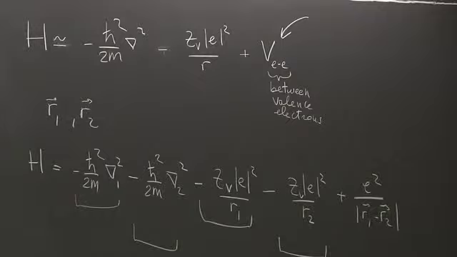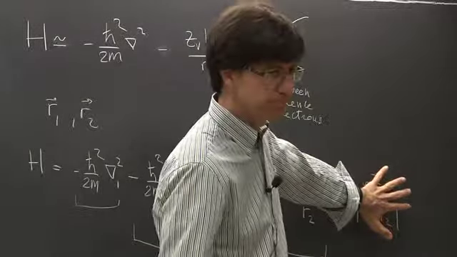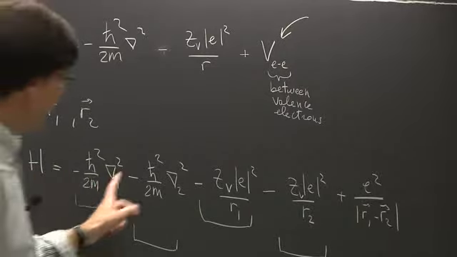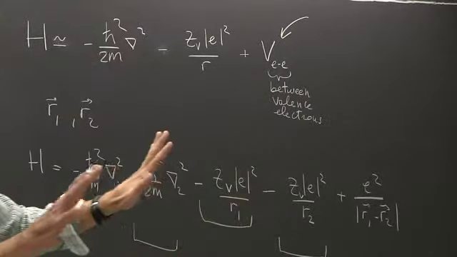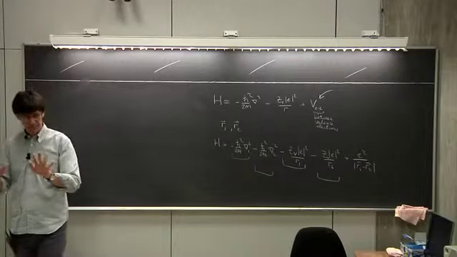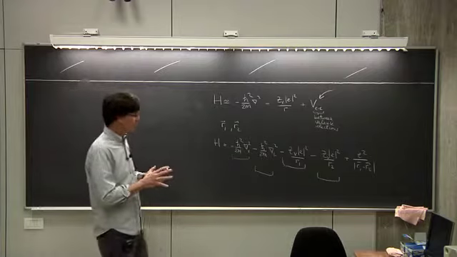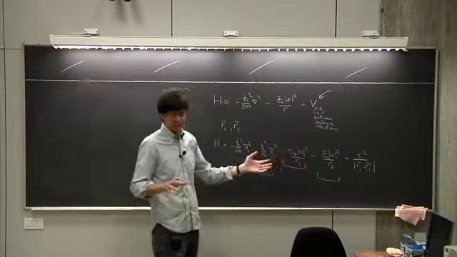If this was absent, if there was no interaction, I could write this total Hamiltonian as a sum of two completely independent Hamiltonians. So I could have in principle solved the problem as independent problems.